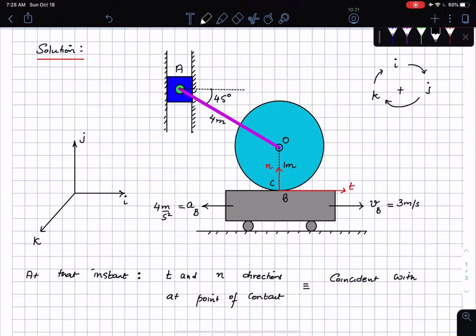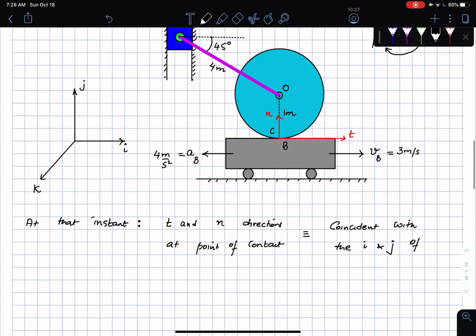Coincident with the I and j of the inertial frame. Okay, so this is only at that instant in time. Please notice this. At the next instant in time, that frame would have rotated because it is a part of a frame attached to the disk.